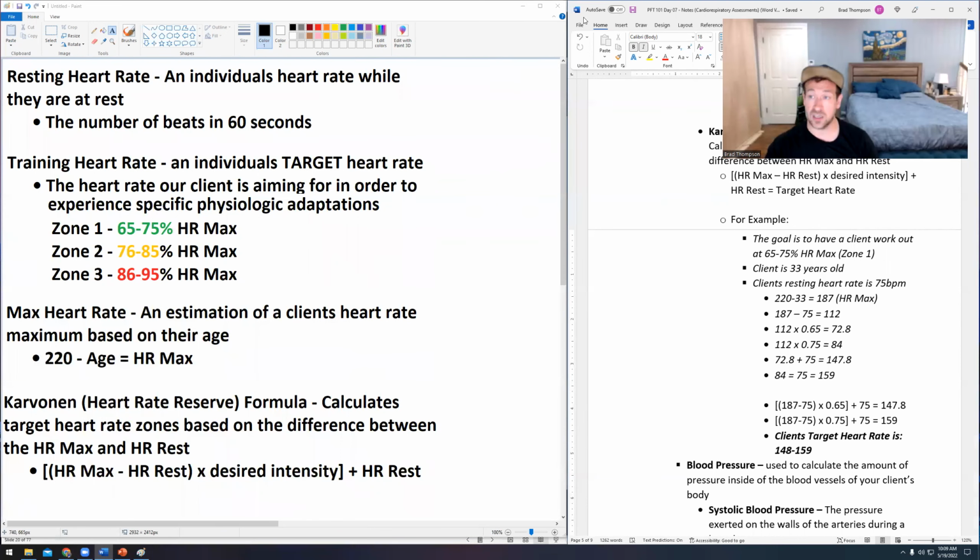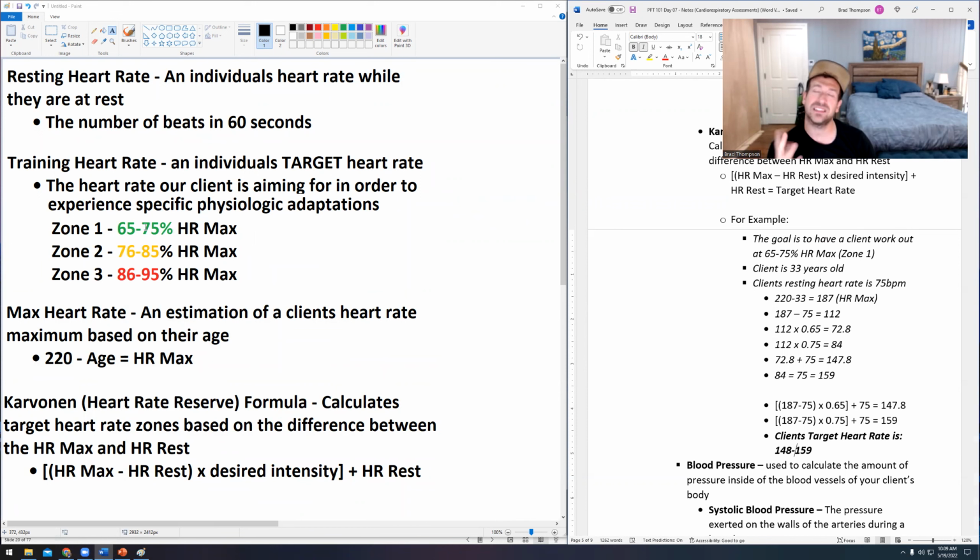So if I'm trying to target your endurance, I want to get you between 65 and 75%. If I want to build your athleticism for, like, being able to play tennis, for instance, right? Tennis, you've got to be on the court for a little while. Sometimes those volleys go a long time.